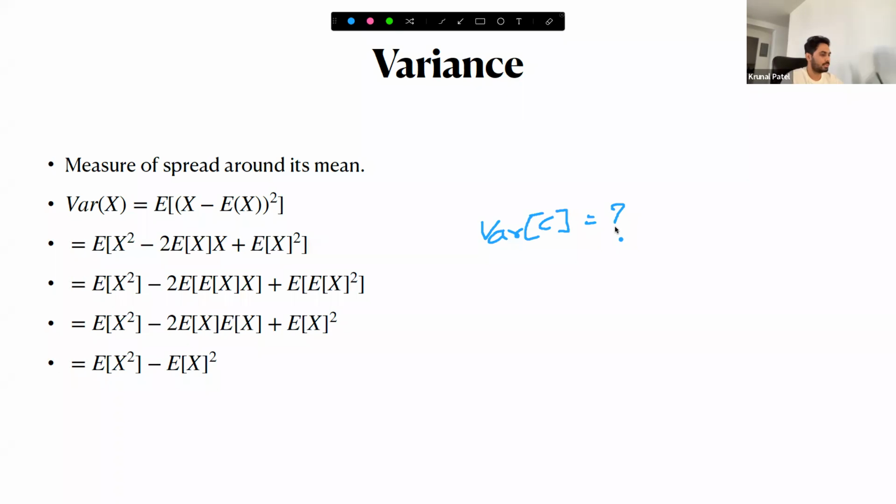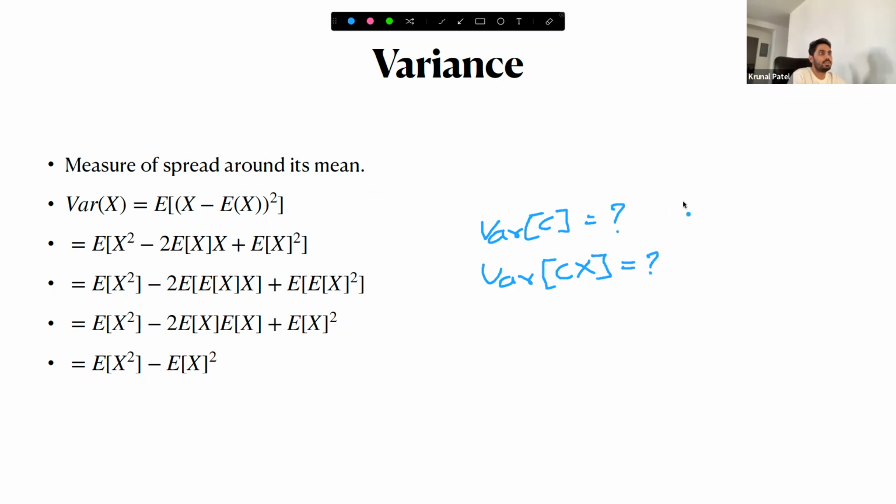It is 0, because all you have to do is put that constant instead of x, and it will become c square minus c square, and it is 0. So good job. Now let's talk about the variance of a constant times a random variable x.